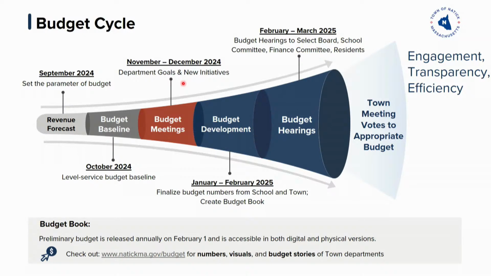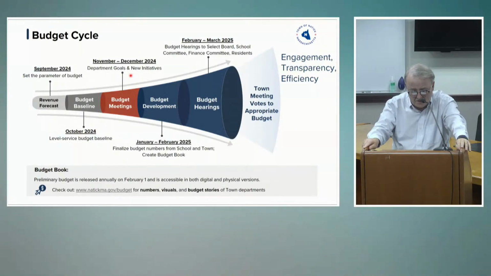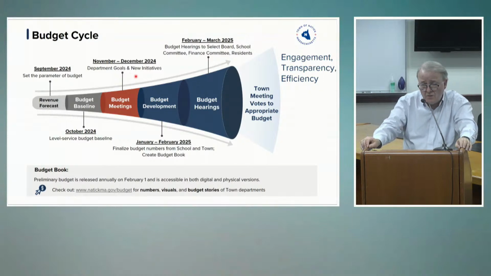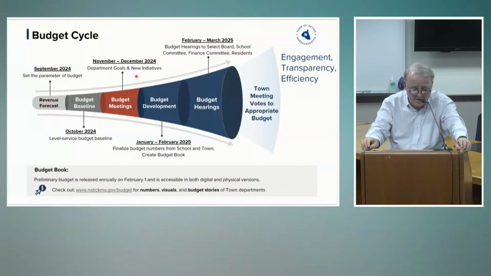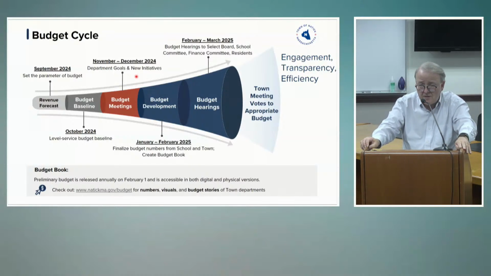November through December, the finance department sits down with the department heads and goes over their goals and new initiatives for the upcoming year, and works with them at putting their budget together. Then finally, towards the end of December, we meet with the department heads, the town administrator and the finance department to go over and finalize their budget before we start putting it together in January and February.